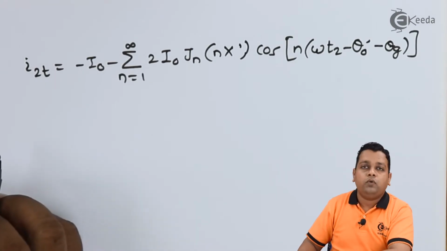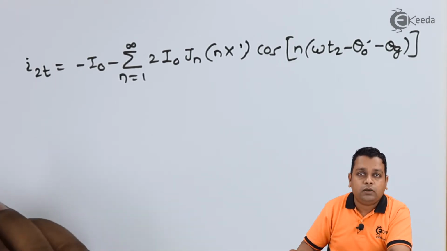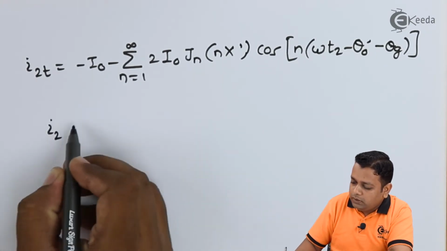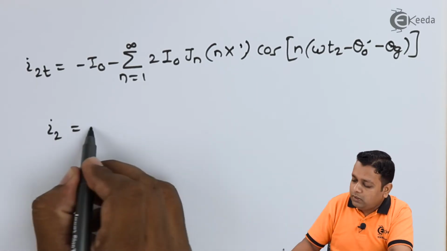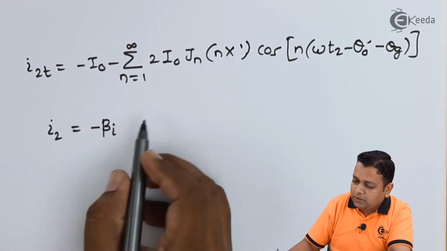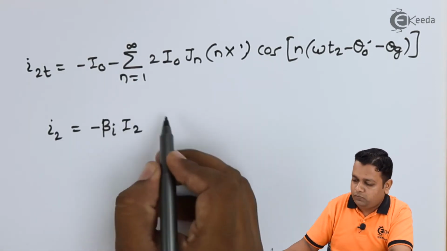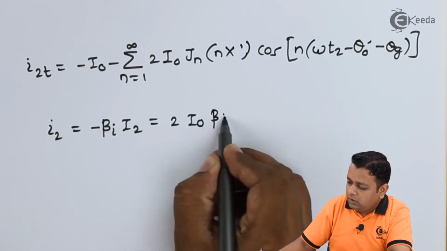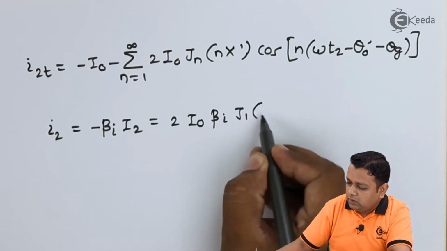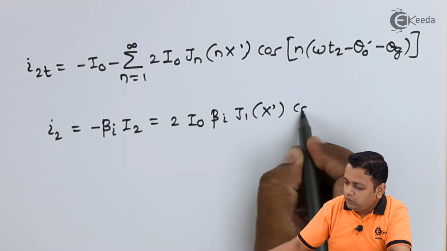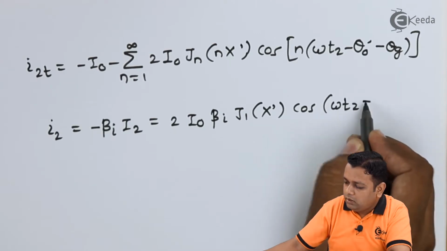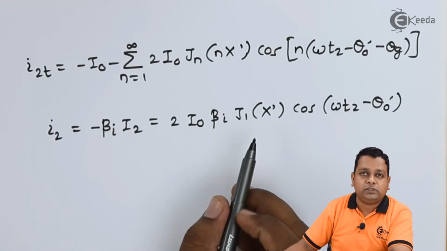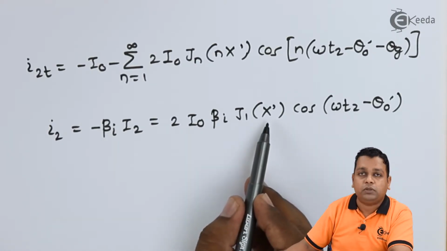Now from this equation the fundamental component of the current can be given, and the fundamental component of the beam current I2 will be equal to minus beta suffix I into capital I2. So this will be equal to twice capital I0 beta suffix I J1 of x dash into cosine of omega T2 minus theta 0 dash. Here the first order Bessel's function is represented with respect to the bunching parameter.